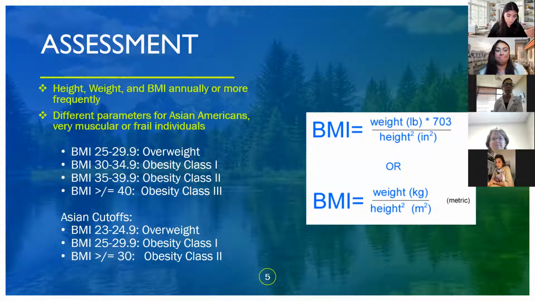But the BMI starting at 30 and above for anyone other than Asian will get you the classification of obesity. And then overweight is 25 to 29.9. And then it goes up from the 30, class 2 is 35 to 40, and then greater than 40, it's class 3 obesity. Next slide.